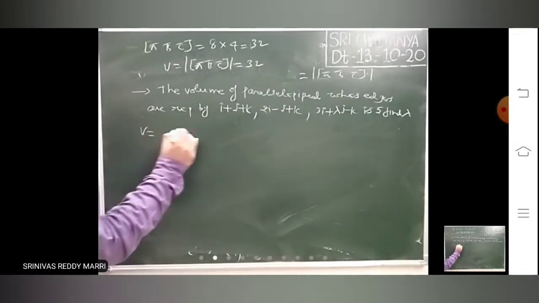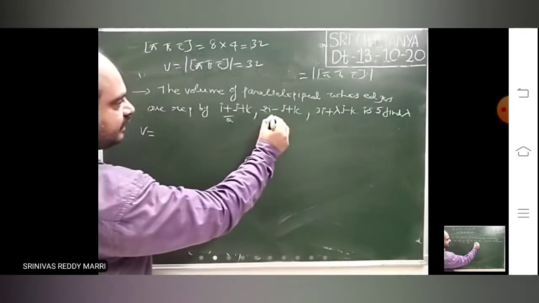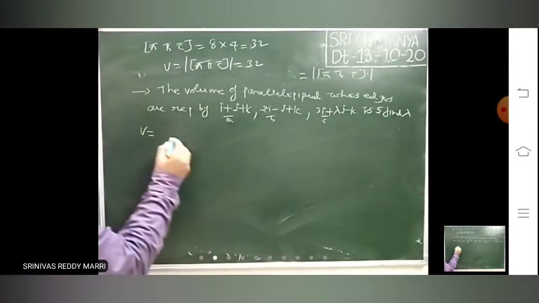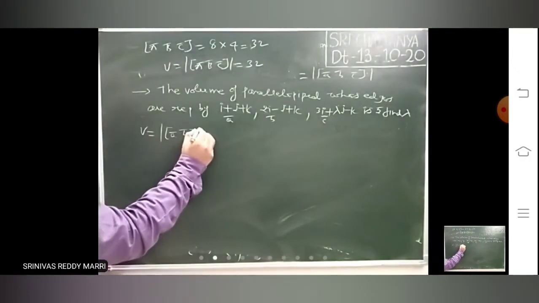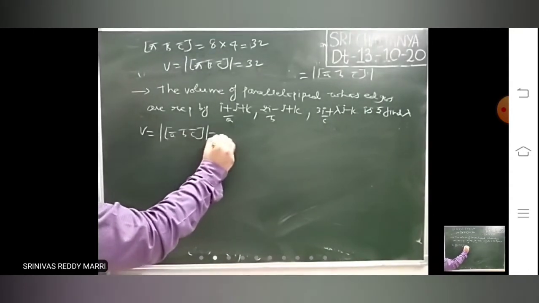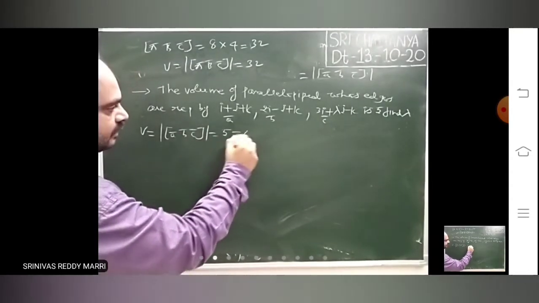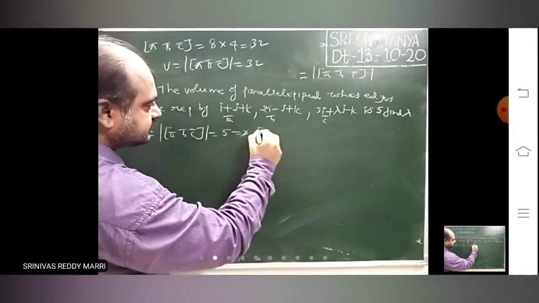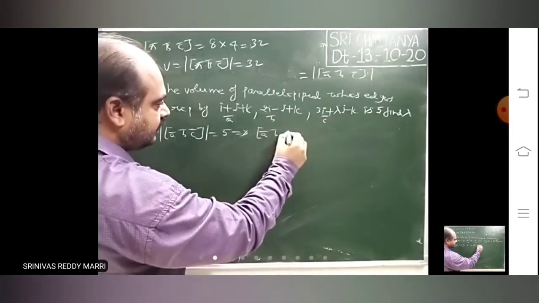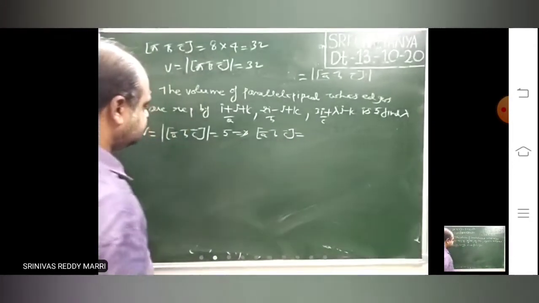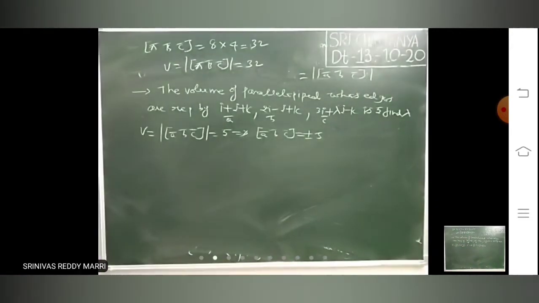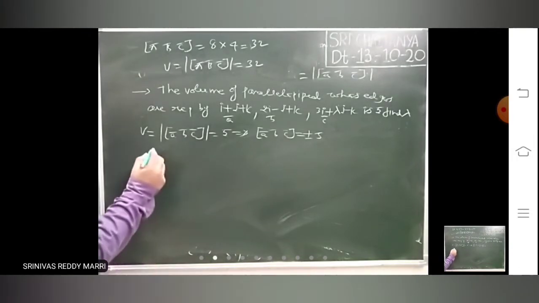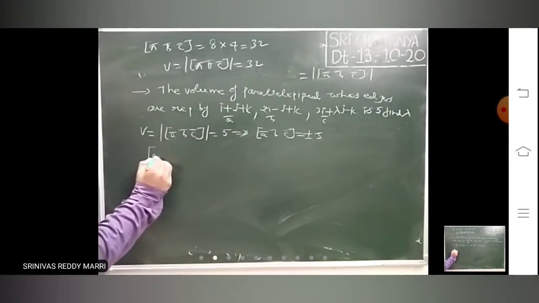Right? So the volume is what? This is A bar, this is B bar, this is C bar. The volume is nothing but 5. That implies box of A bar, B bar, C bar is plus or minus 5, so the modulus is there. Box ABC is plus or minus 5.